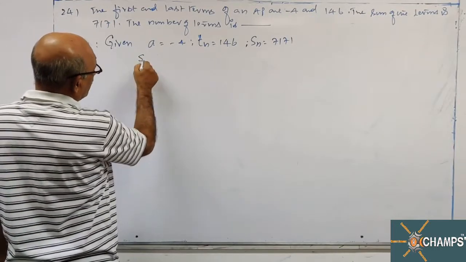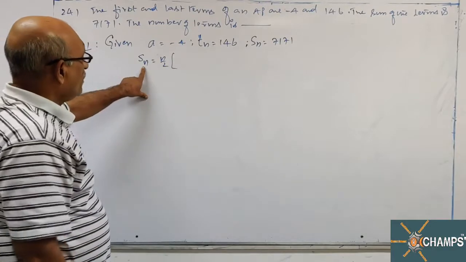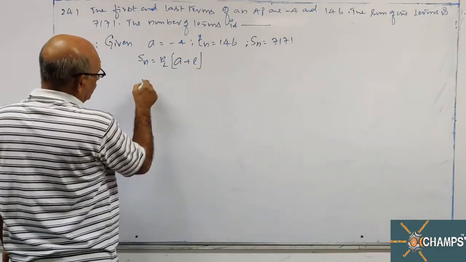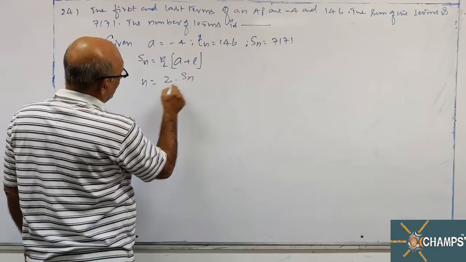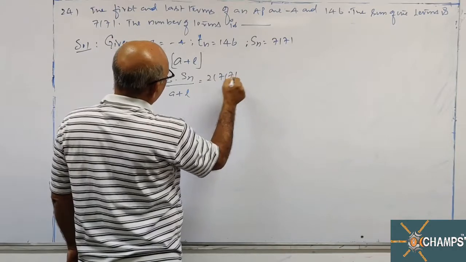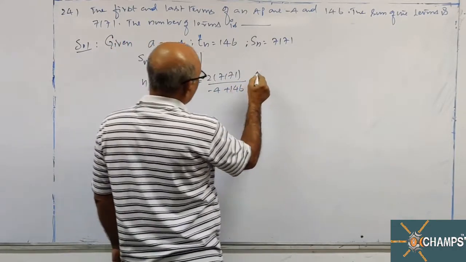Last term is given, first term is given. Sn is equal to n by 2 into A plus L. So n is equal to 2 into Sn divided by A plus L, which is 2 into 7171 divided by -4 plus 146.